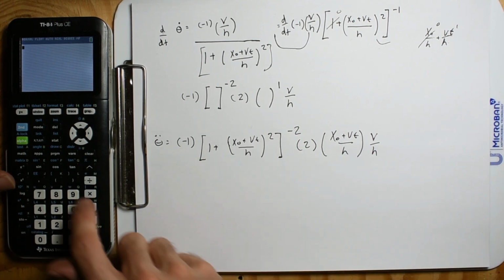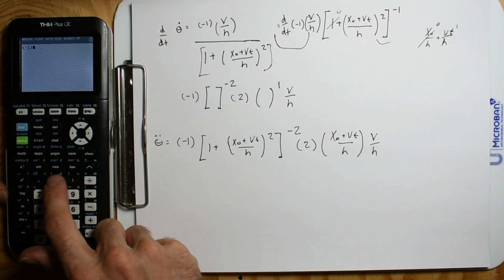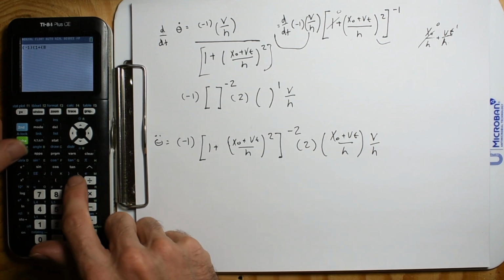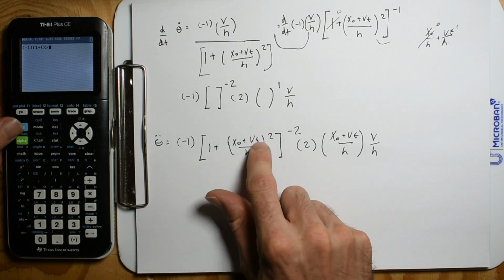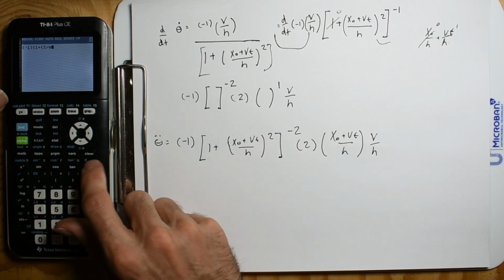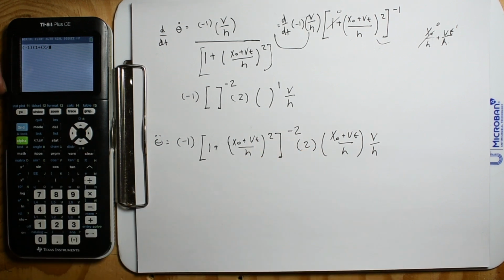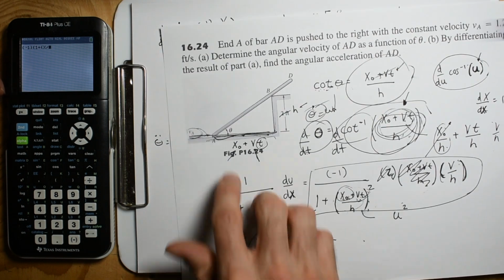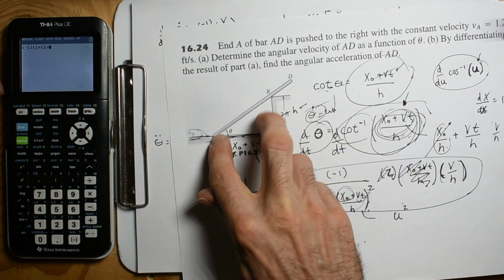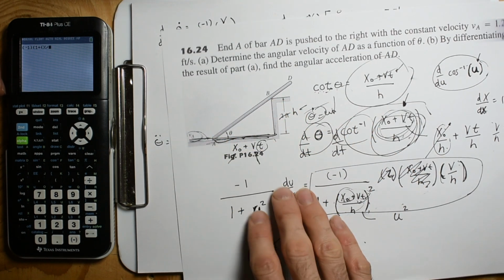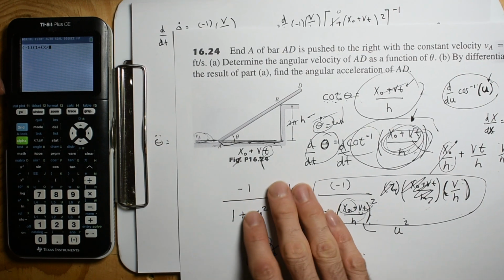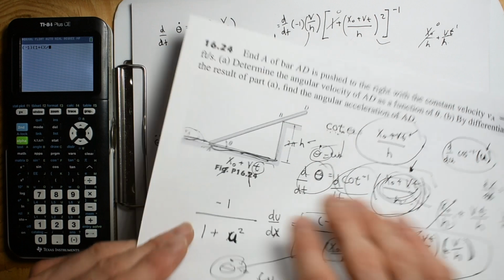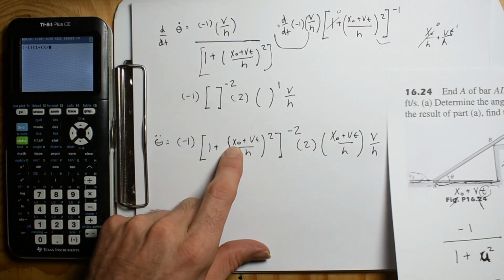Alright, let's throw this into our calculator and pray that we get the right answer. 1 plus x. This is just going to be x divided by h, because that t is 0. The cool thing is that we have an equation for this as a function of any time, starting at 30 degrees. If you wanted to start at a different angle, you would have to throw in a different x naught.